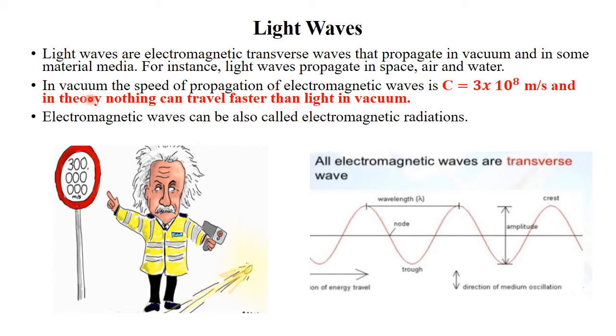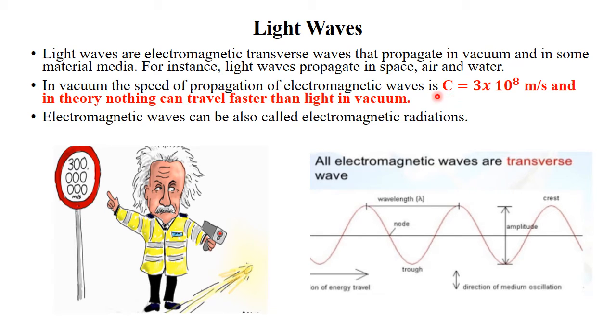In vacuum, the speed of propagation of electromagnetic waves is always constant, and its value is 3 times 10 to the power of 8 meters per second. We always represent the speed of light in vacuum as c.